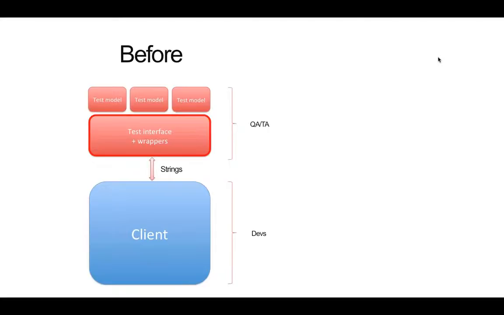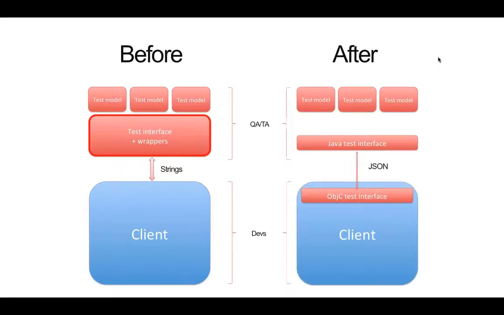Those strings were produced and written by the test automators. Not knowing everything about the client, we would get a lot of runtime errors, and the quality that we got from that was not very good, and we spent a lot of time writing that not very good quality also.